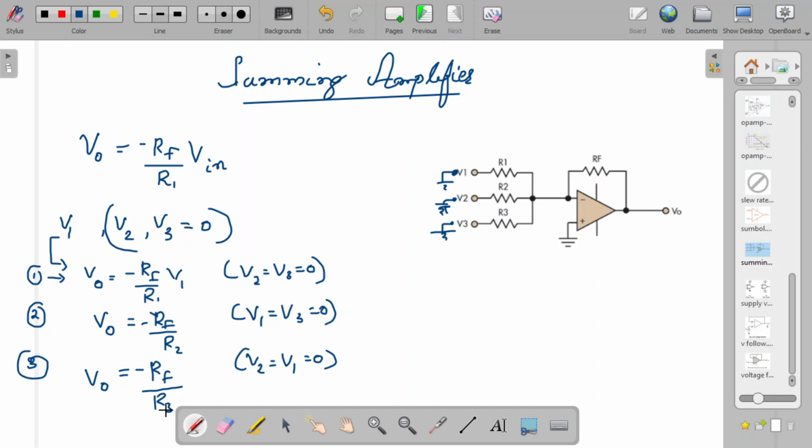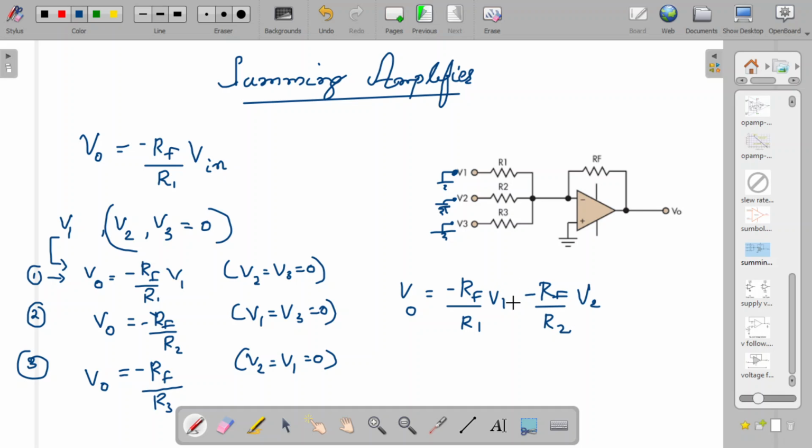Now, according to the superposition theorem, you calculate the output voltages separately. Then the final voltage is the effect of adding all these three together. That is minus RF by R1 into V1, then minus RF by R2 into V2.